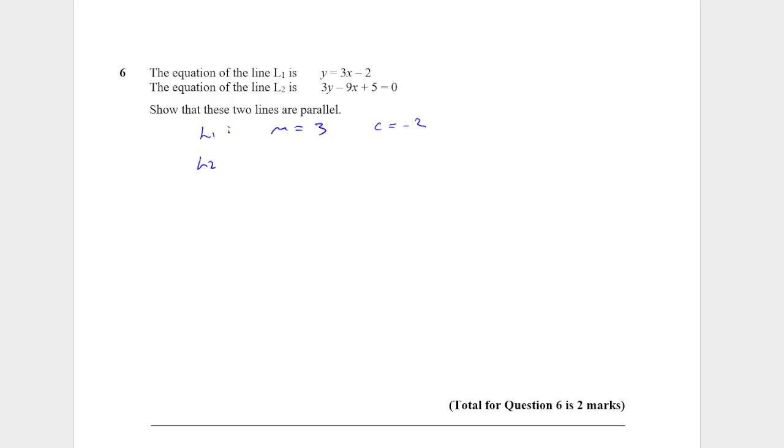The second line starts out as 3y minus 9x plus 5 is equal to 0. So if we rearrange that, 3y is equal to 9x minus 5, and then divide both sides by 3, we get y is equal to 3x minus 5 over 3. So that line has a gradient of 3 and an intercept of minus 5 over 3.